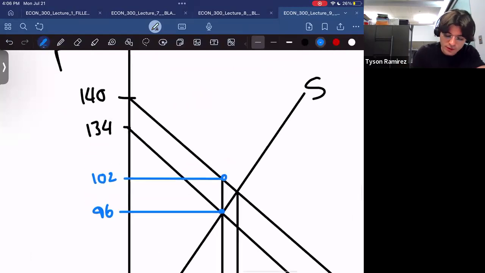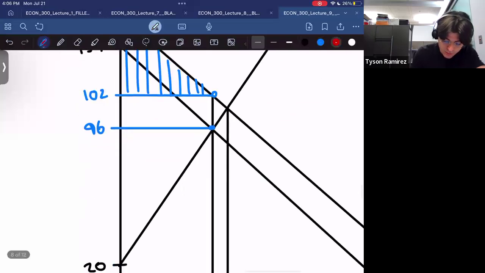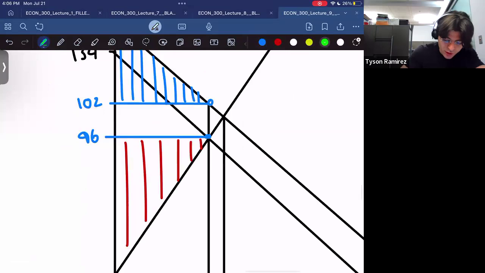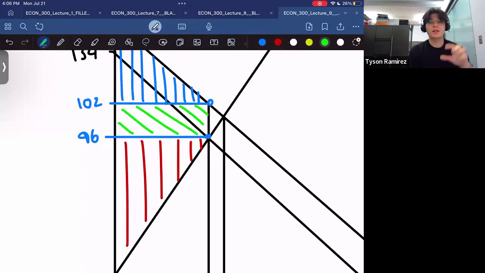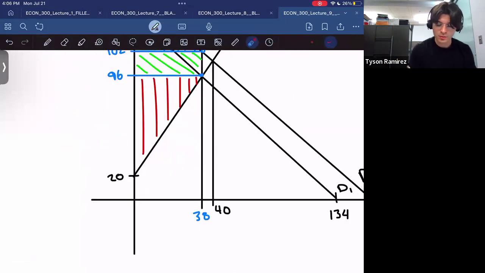So graphically, this is all the consumer surplus now, and this is all the producer surplus now. And then this green area is the tax revenue. Because what is our quantity? Our new equilibrium quantity is 38.